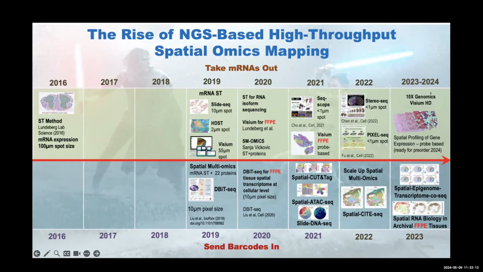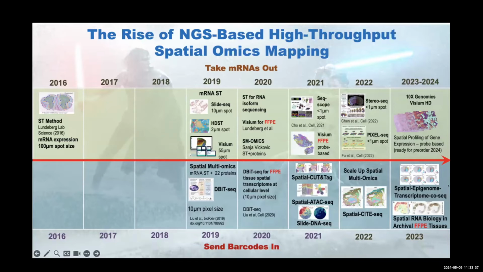And just a couple of months ago, super exciting, 10x Genomics Visium HD was commercially launched. You can get down to truly cellular or subcellular resolution, but they all follow the same fundamental principle, which Professor Lundeberg coined: a barcoded solid surface for mRNA capture and spatial transcriptomics.